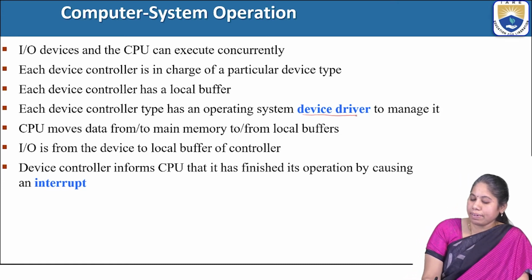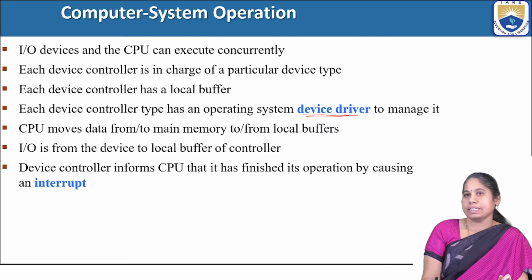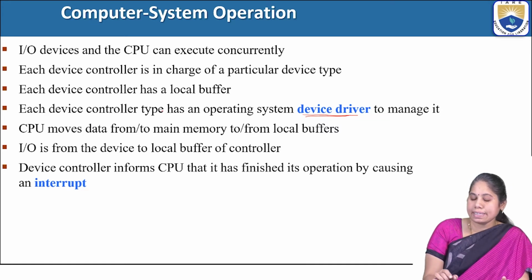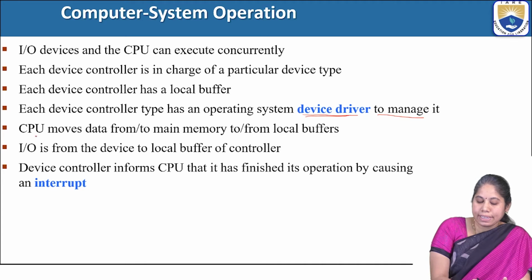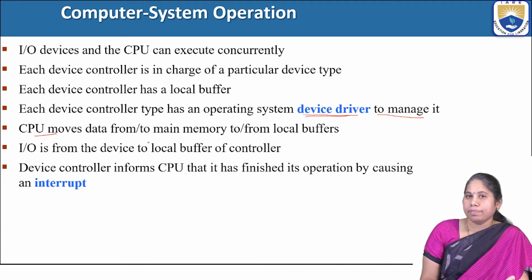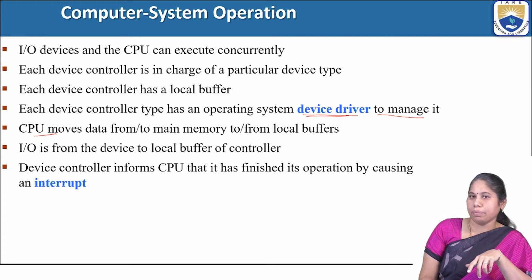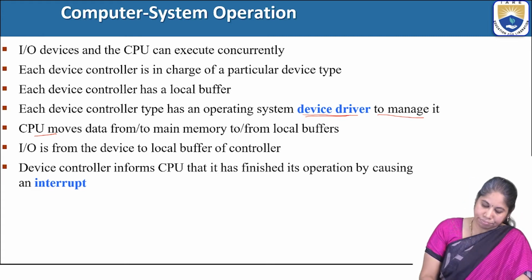So a device driver is also a program which makes your external devices compatible with your computer. Further, each device controller has an operating system device driver to manage the devices, and the CPU moves the data to or from main memory or to or from local buffers. So these are the different operations we perform in computers, right?